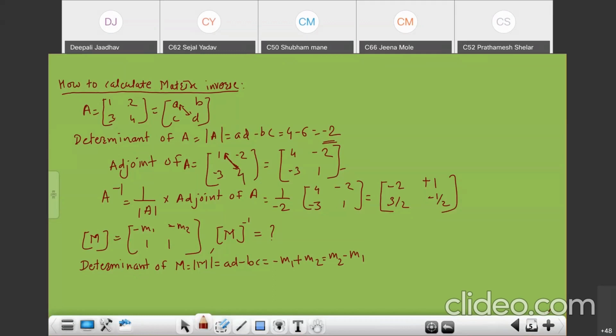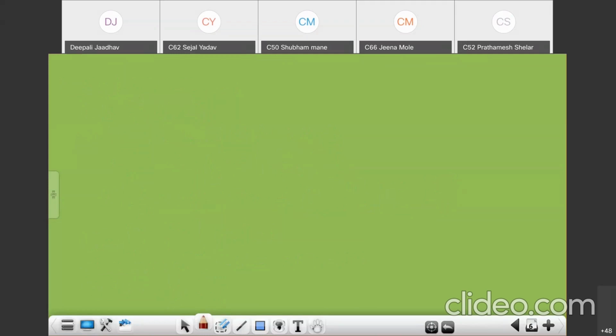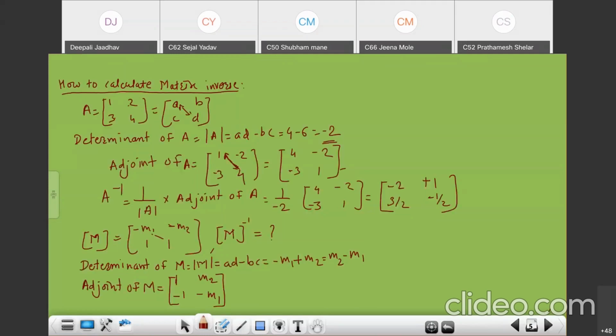Now the adjoint of M. Interchange the diagonal points: the 1 comes here and the 1 comes here, and minus m1 goes here, with the other entries made negative.